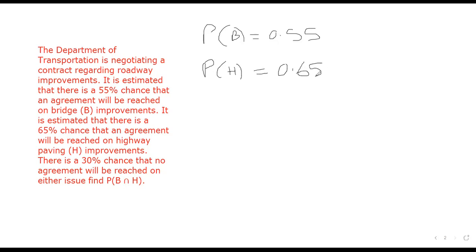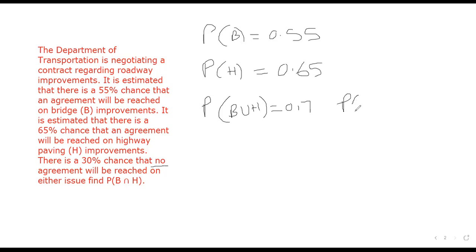Yes. Okay. Then we are told that the chance that there is no agreement is 30%. Meaning there being an agreement would be B union H. So them agreeing is 70%.